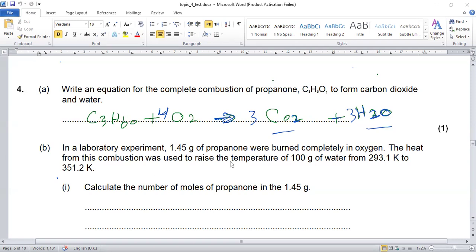In a laboratory experiment, 1.45 gram of propanol was burned completely in oxygen. The heat from this combustion was used to raise the temperature of 100 gram of water from 293.1 Kelvin to 351.2 Kelvin. Calculate the number of moles of propanol in 1.45 gram.